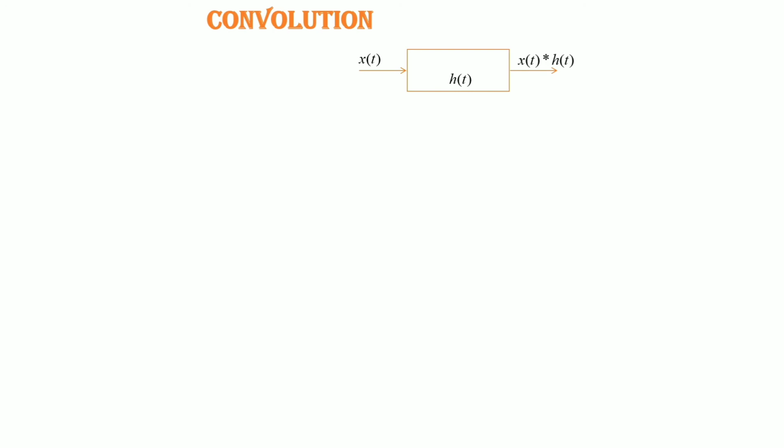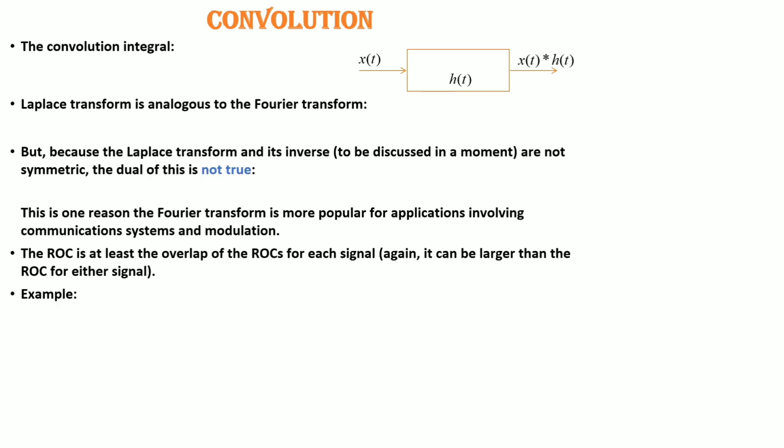For the next property, convolution. If you want to find the convolution of any function, then we use the convolution integral. Suppose y of t is equal to x of t convolved with h of t. This is convolution, and the Laplace transform is analogous to the Fourier transform.